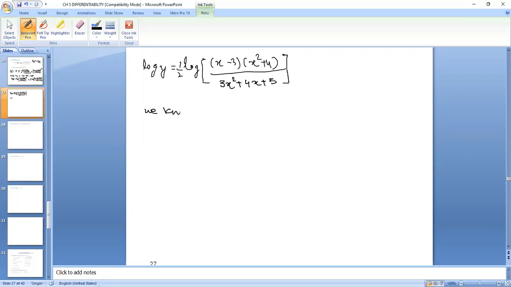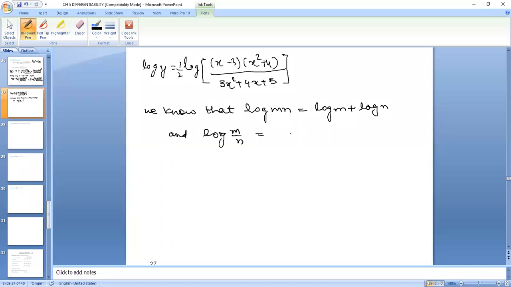We will apply two more formulas. We know that log mn is equal to log m plus log n, and log of m by n is equal to log m minus log n. If log is of a product of two functions m and n, then it will be log m plus log n. And if it is log of m by n, it will be equal to log m minus log n.